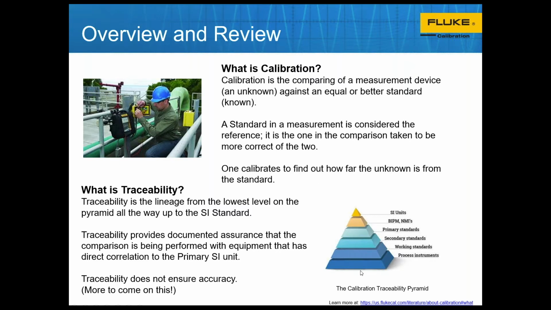And the traceable chain is a documented chain saying that this device was calibrated by this, and then that working standard was calibrated by a secondary, and then a primary, all the way up the chain. This traceability allows you to take accuracies from the primary standards and drive them down into your process field through documentation.